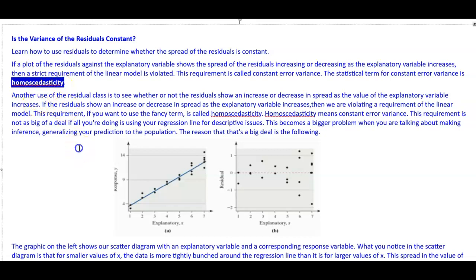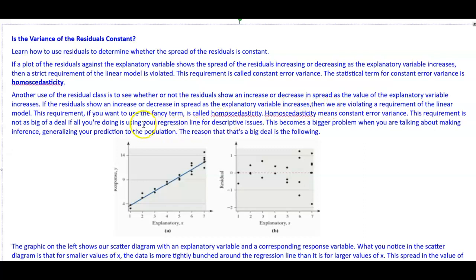Another use of the residual plot is to see whether or not the residuals show an increase or decrease in spread as the value of the explanatory variable increases. If they do, then we are violating a requirement of the linear model.